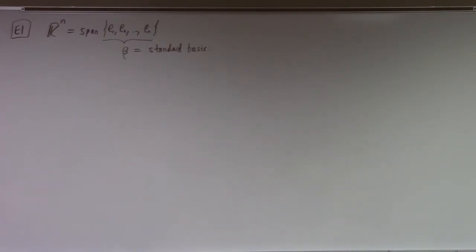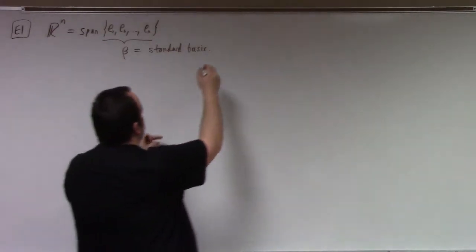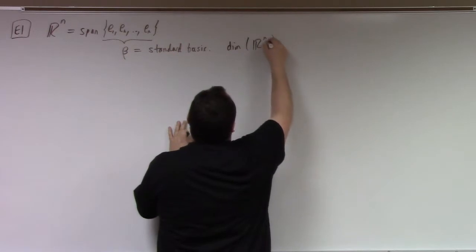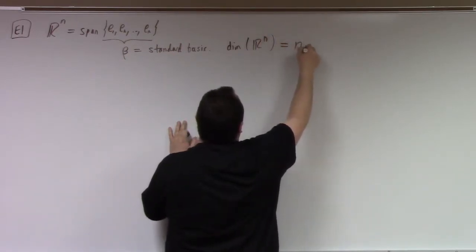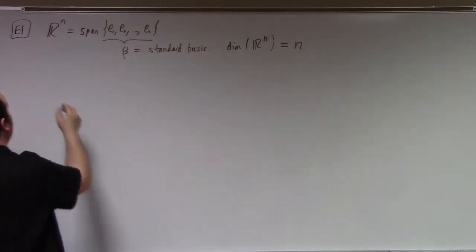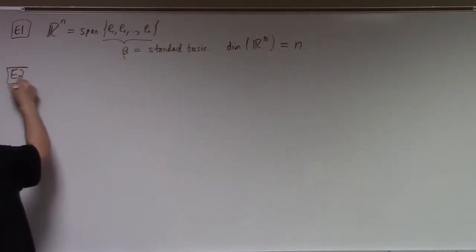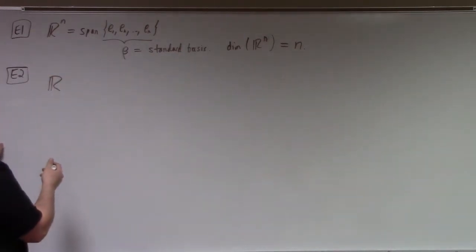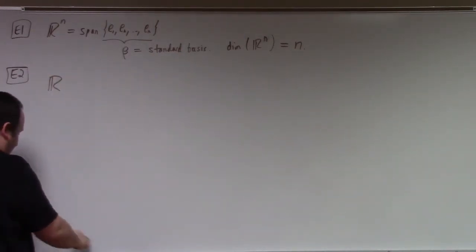So what's the dimension for Rn over the reals? Not complicated, folks, right? This is n.